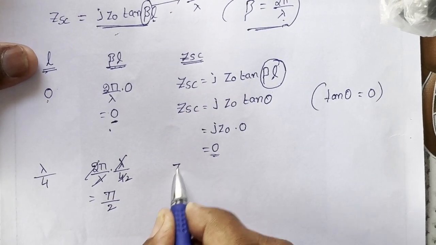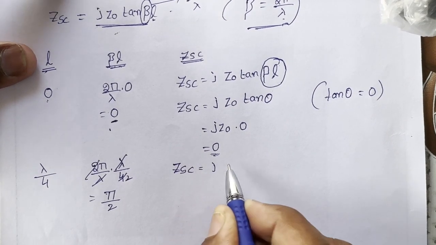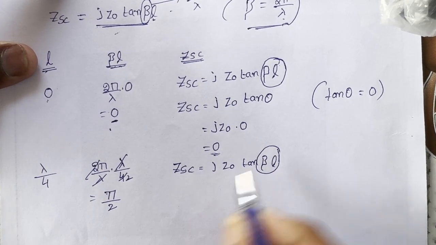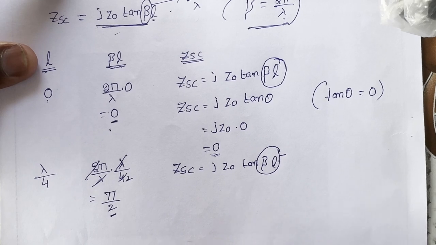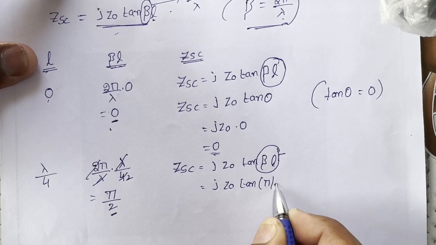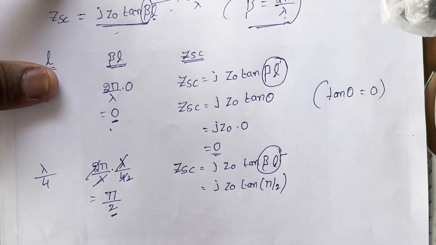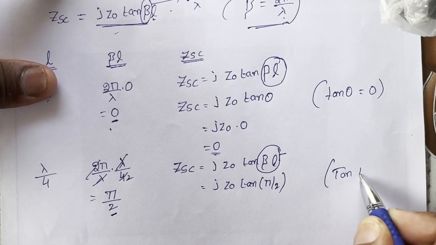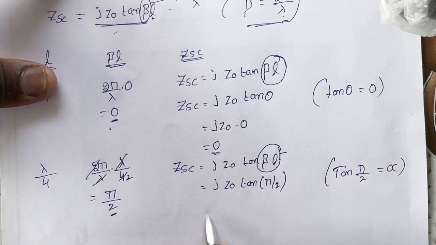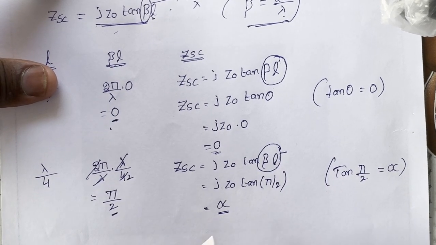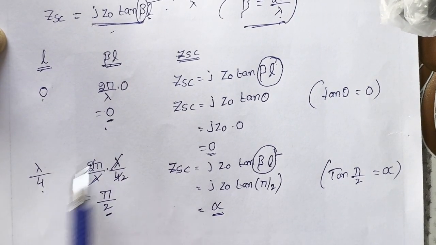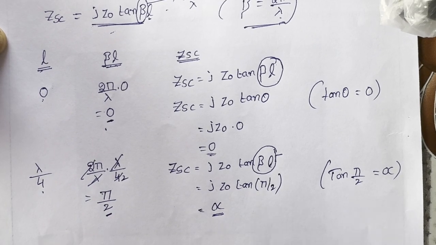Then ZSC is equal to j Z0 tan beta L. Here the value of beta L is pi by 2, so j Z0 tan pi by 2. We know that the value of tan pi by 2 is infinity. So in the second case, when L equal to lambda by 4, ZSC value is infinity.